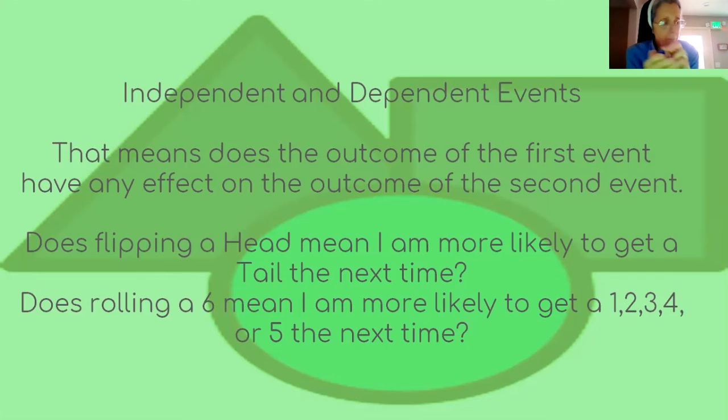independent. However, a good example of a dependent event is, what if I pick a 10 from a deck of cards, and then I say, what's the probability of picking another 10? Well, if I haven't put this back, then it was dependent upon what I picked the first time.